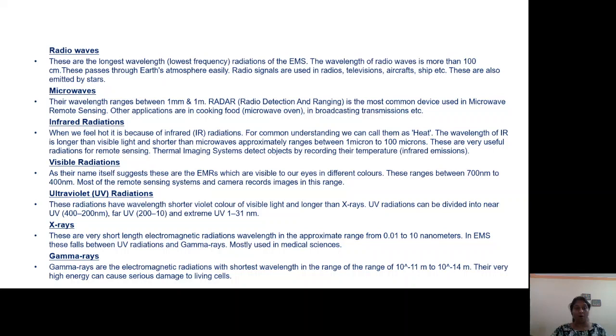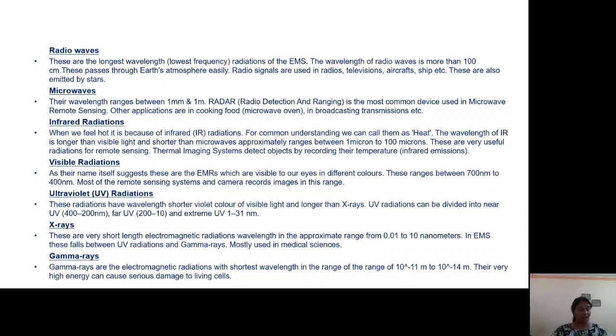Ultraviolet radiations. These radiations have wavelength shorter than violet, the first color of visible light, and longer than X-rays. Ultraviolet rays tan your skin. Hot objects in space radiate ultraviolet rays.